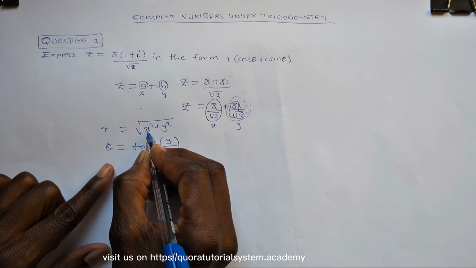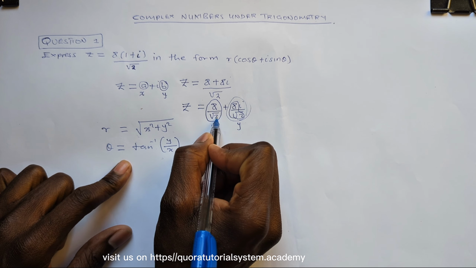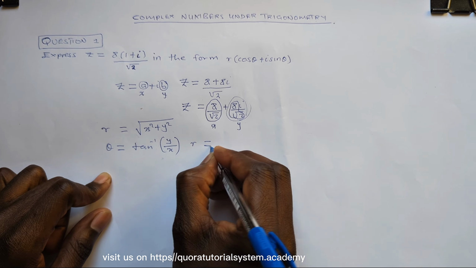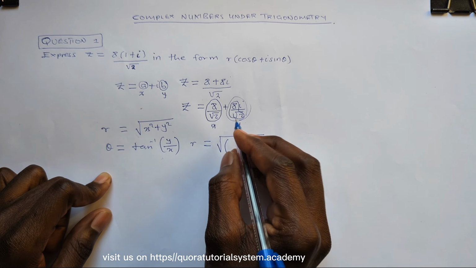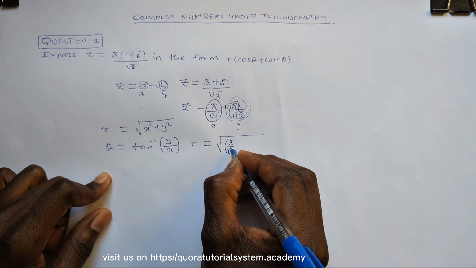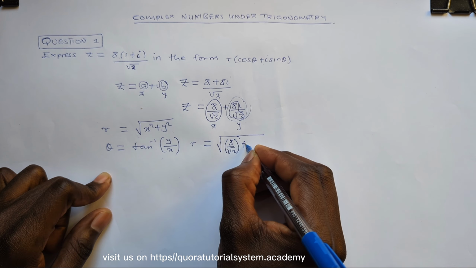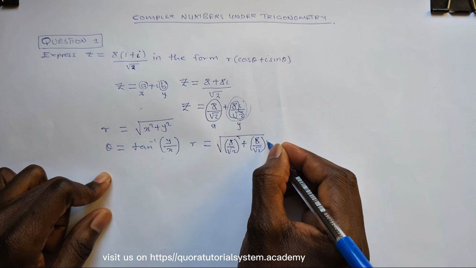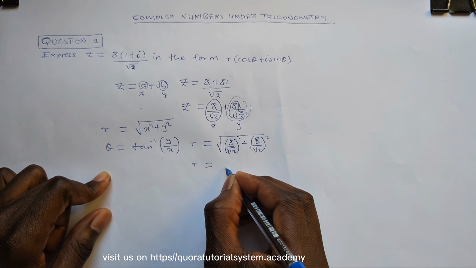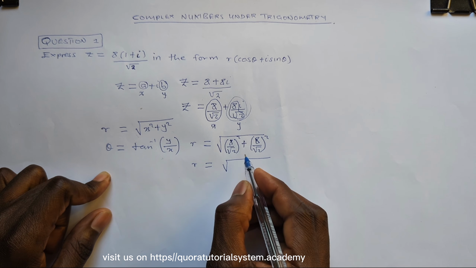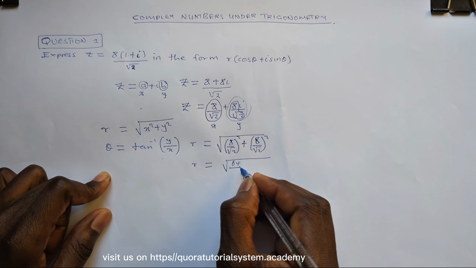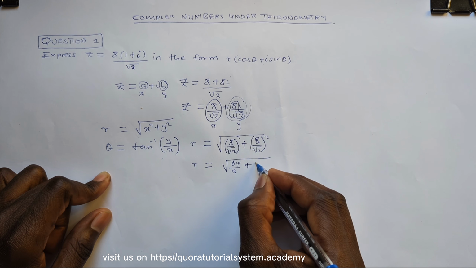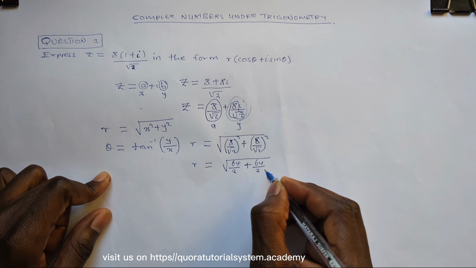If we proceed from here, x is taken to be this part and y is going to be that part, which means we are going to have r equal to the square root of, open bracket, 8 over square root of 2 squared plus again 8 over square root of 2 squared. If we square this, that will be 64 over 2 plus, squaring that, 64 over 2.